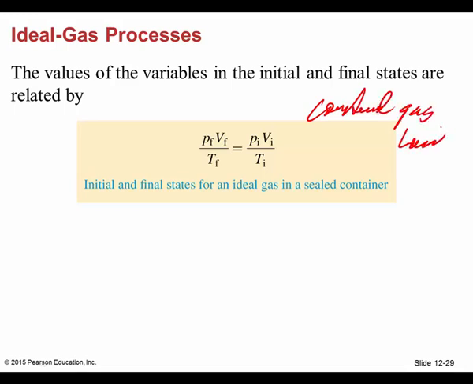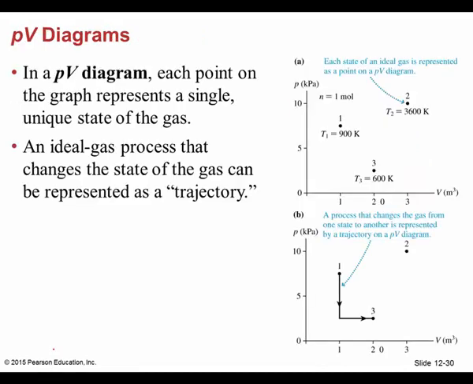You say, where does that come from? That comes from the combination of Boyle's law, Charles's law, and Gay-Lussac's law. Gay-Lussac's is pressure and temperature directly proportional, and Charles's is volume and temperature directly proportional. So you combine all three, and that's what you get.